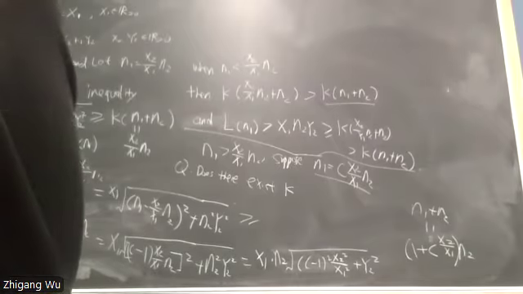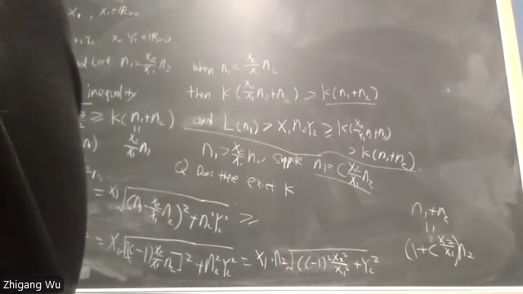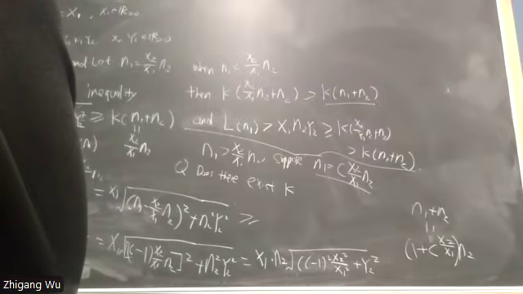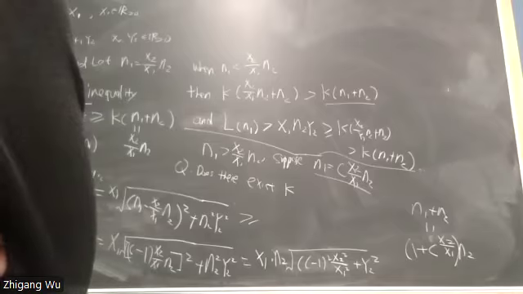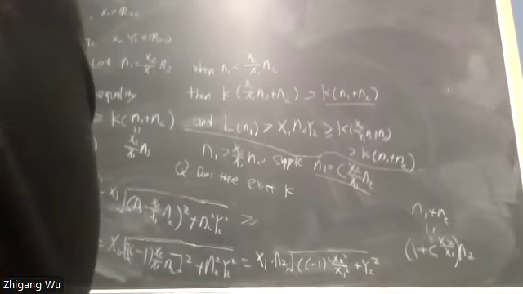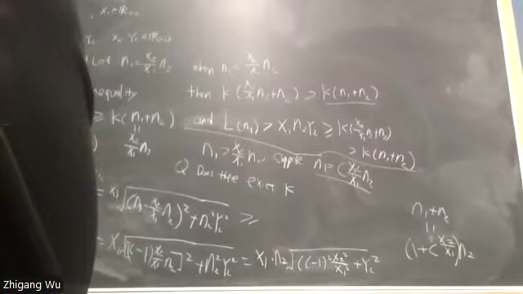Wait. If this N1 is getting larger and larger, what will happen? K times N1 plus N2. I think they actually converge, right?